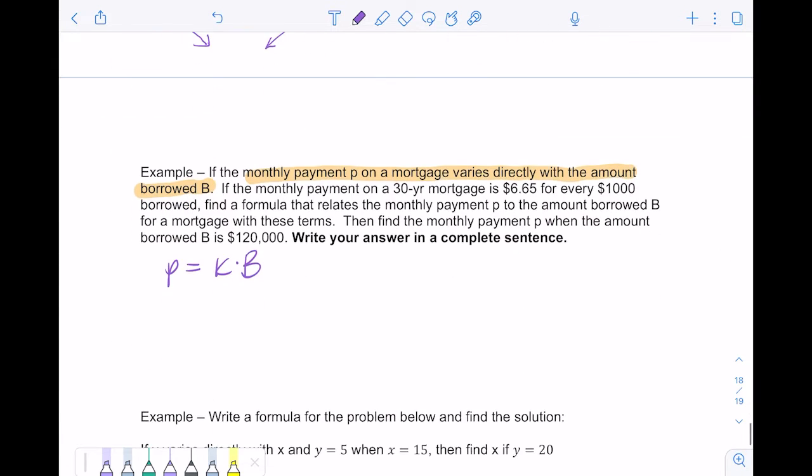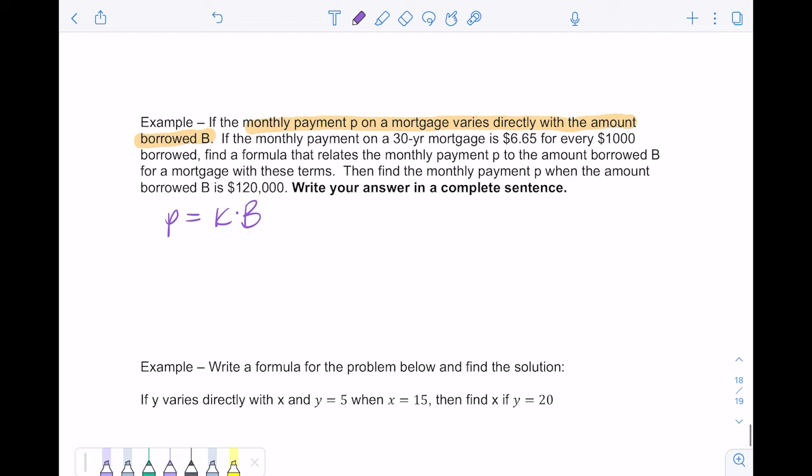And I'm going to fill in some numbers, and I need to find k, my constant of proportionality, or my slope. So here I know that P is $6.65, and that's equal to k times the amount borrowed, which is 1,000. So I first need to solve for k, so I'm going to divide by 1,000. So k equals, if I move the decimal back 3 places, 0.00665.